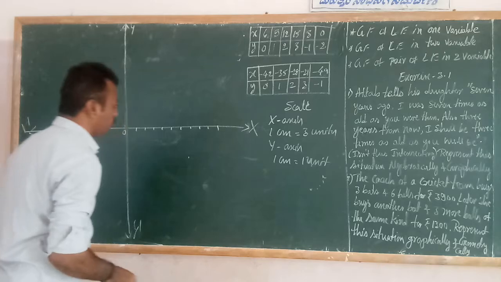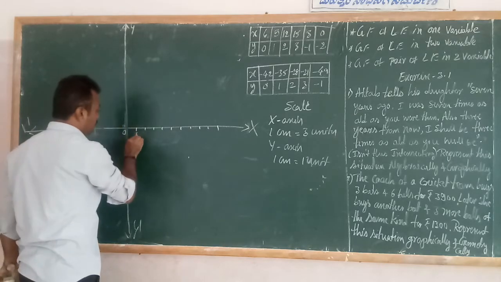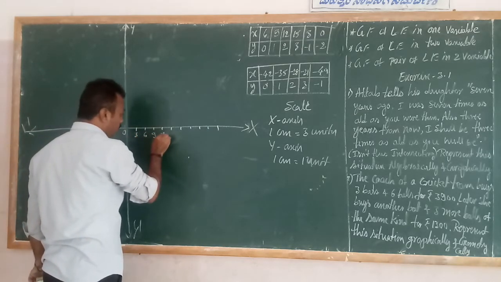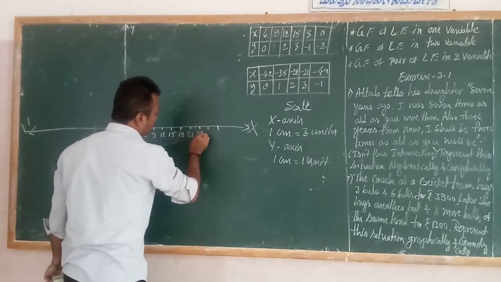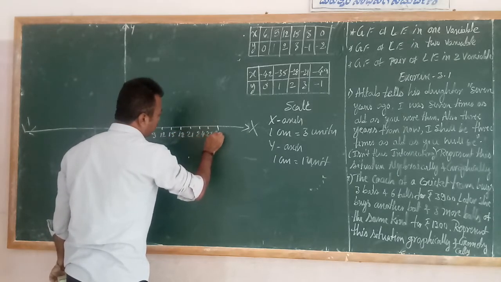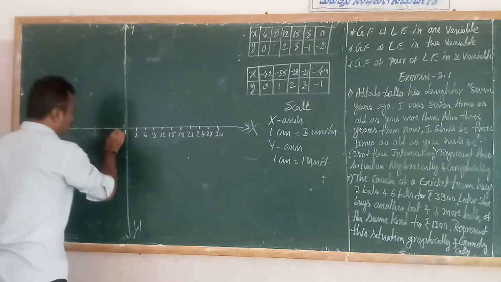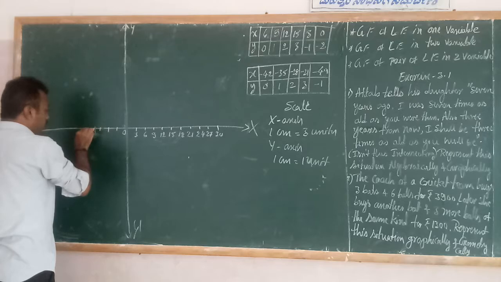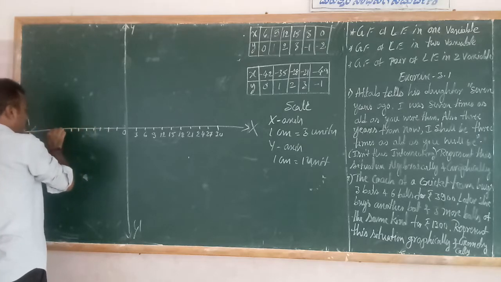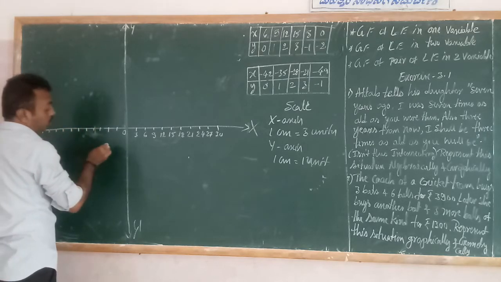Okay, now this is x. So 3, 6, 9, 12, 15, 18, 21, 24, 27, 30 and so on. Here 1, 2, 3, 4. So each dot will carry 1 centimeter.